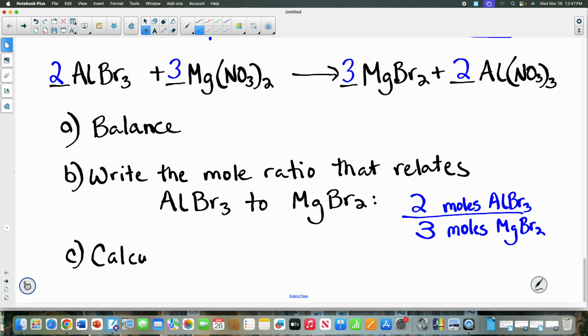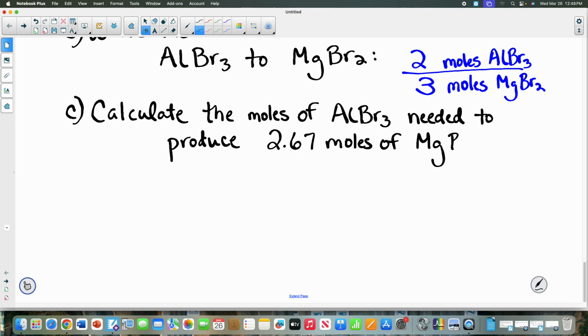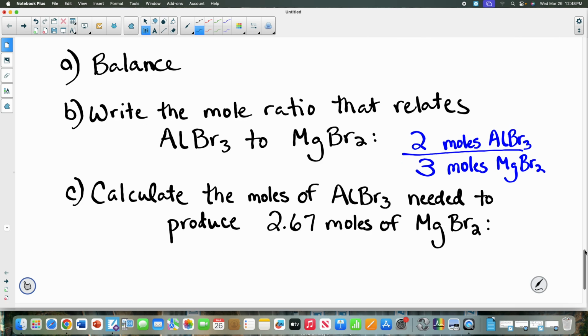Okay, so calculate the moles of AlBr3 needed to produce 2.67 moles of MgBr2.